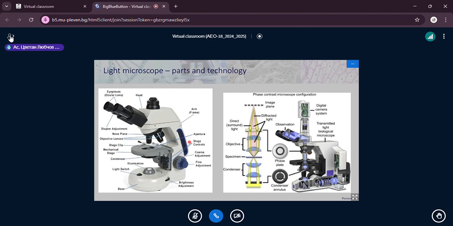Then we can observe another objective which can increase the image even more, for example 10 times magnification. Then we have 20 times, eventually 40 times, 63 times, and the biggest one which we have on the microscopes, 100 times magnification.